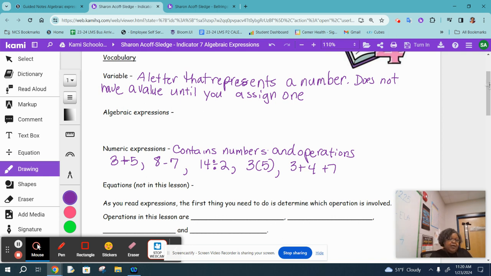Now, algebraic expressions contain variables, numbers, and operations.